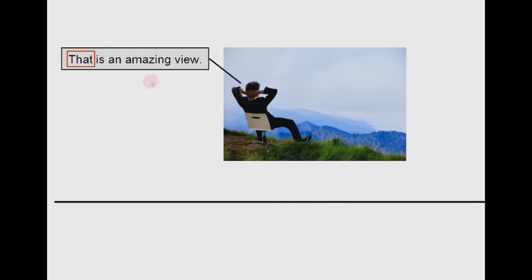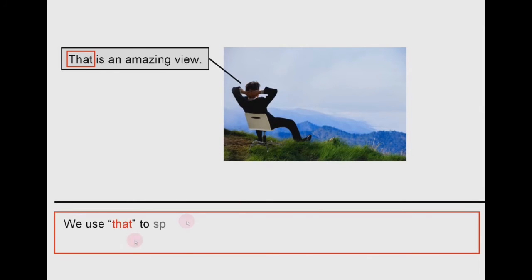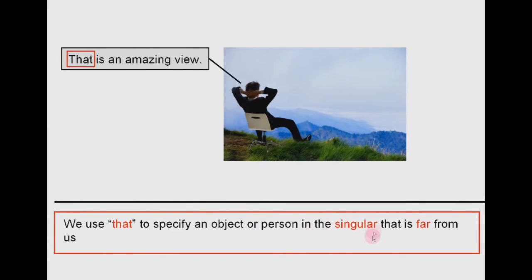So this is not objects which are close to us. This is now things which are a long distance, far from us. So we use that to specify an object or person in the singular. So this is a singular use again, and it is far from us.